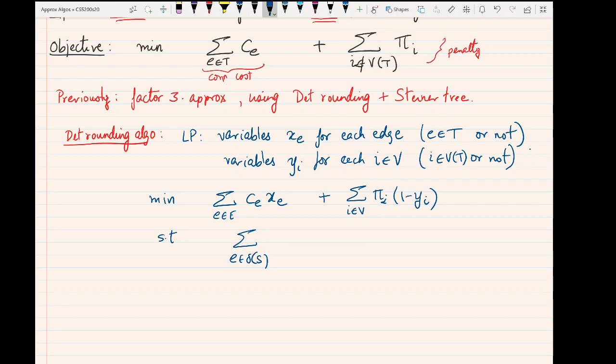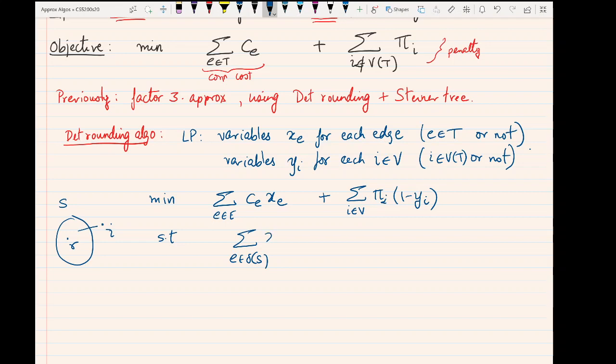So you pick out some subsets S such that R is in the subset and the vertex i is not in the subset. Okay, and if i was included in our final vertex set of the tree, then there should have been an edge which crosses the set S and connects R to i.